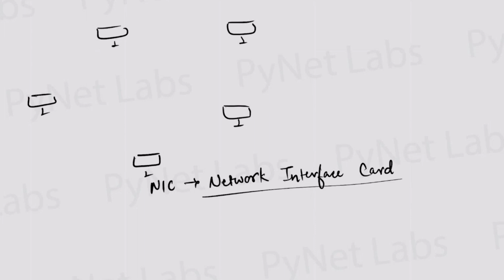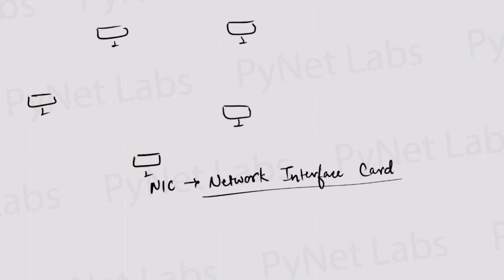But the thing is that on one PC, there is only one NIC. What is a NIC? NIC stands for Network Interface Card, which is used for connecting the cables or making one device communicate with the other. So this means if there is only one NIC, I can only connect with one PC. If I have made a connection like this, then that's all. I cannot connect my PC to this PC or to this PC or to this PC.